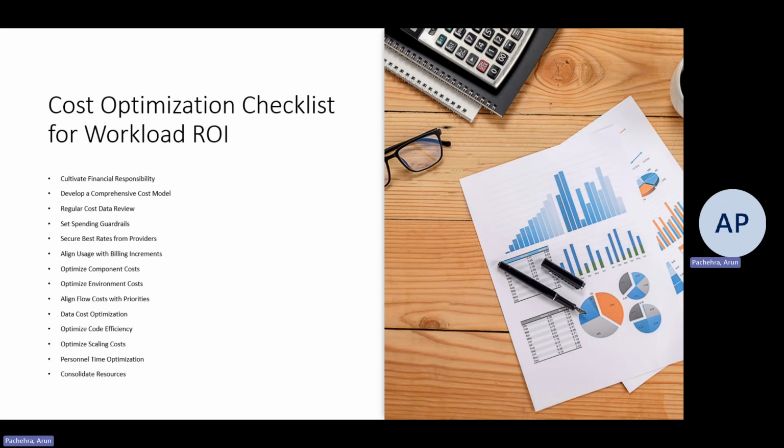Things that you can utilize with the lower cost. Those things you could use for those kinds of services. So align usage with billing increments. You've got to adjust your service usage to fit billing cycles. I hope that makes sense now.